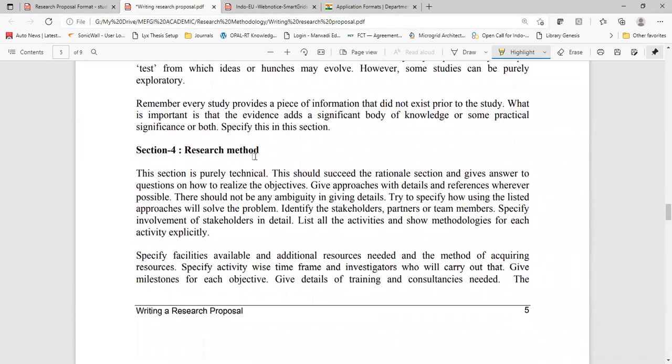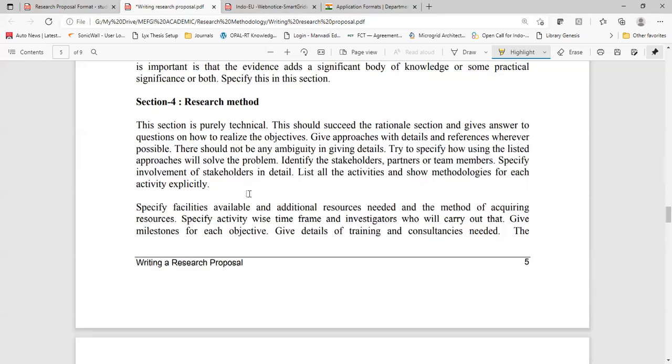Research method. This is going to be completely technical and it can only be evaluated by an expert of your field. Previous information, anybody can read and interpret what you want to say. But here in research method, the part is very, very technical.